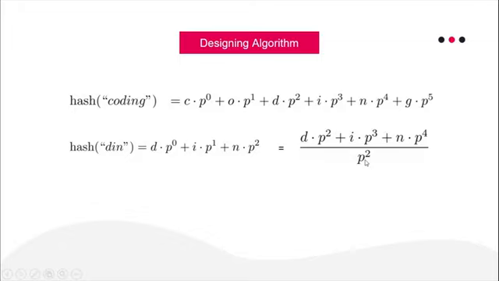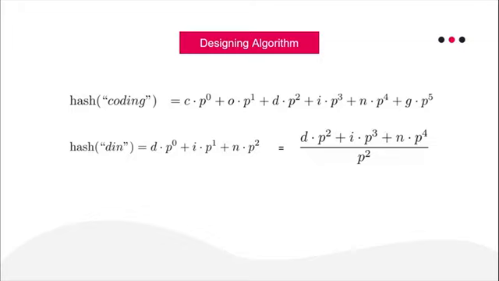Why p square? Can you find the relation? Of course, because the index of d, which is the start of the substring, is 2 in the original string: 0, 1 and 2. So we are dividing by p square to get the hash value of the substring din. This is the basis upon which we will be building our algorithm.